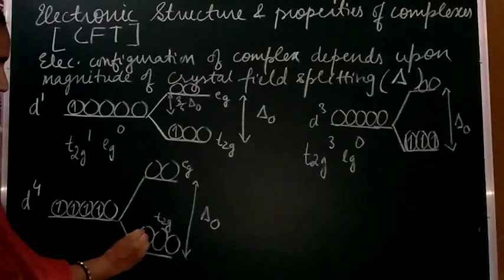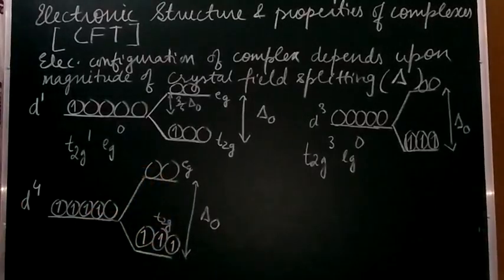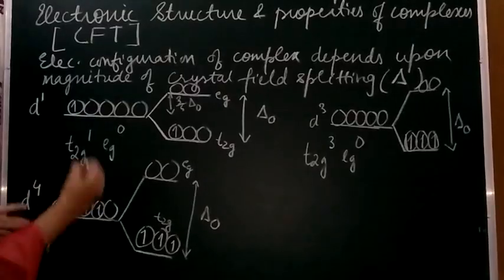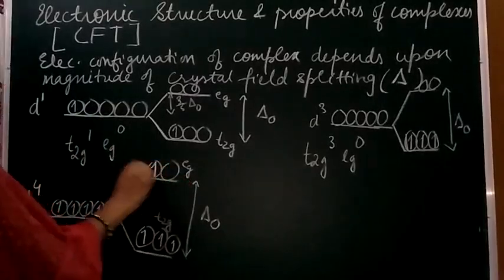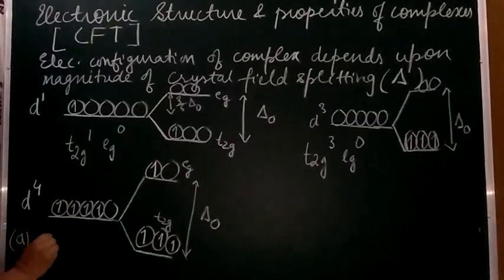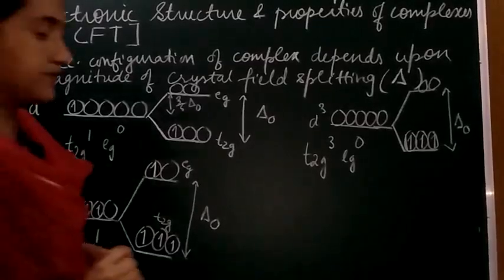So here we have 4 electrons. Three electrons are filled up. What about the 4th electron? We can have 2 cases here. The first case, case A, is that the 4th electron jumps up. If this is so, the complex configuration will be t2g3 eg1.